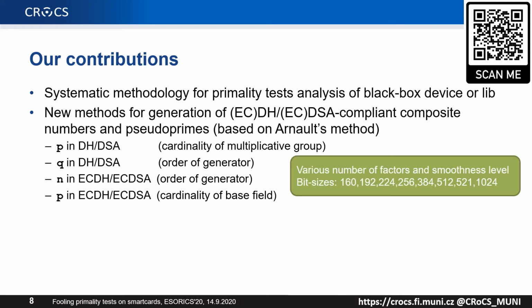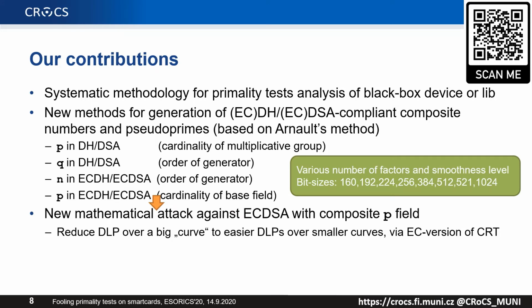And for all of them, we tested various numbers of factors for these composite numbers, smoothness level, and of course bit sizes, because different lengths of curves are supported by the smart card. So we need to test them all.